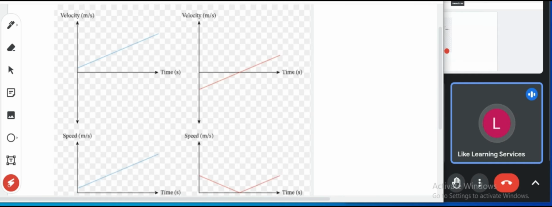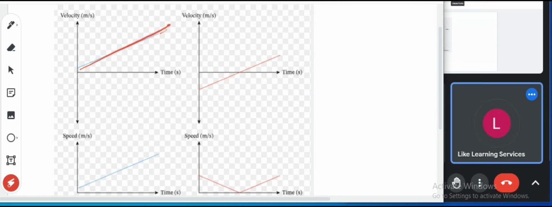I just need you to know how to change velocity against time graph to speed against time graph. Now, are you ready? In the forward direction, there's no change. Once it is in the forward direction, you don't have any change because this is velocity in the forward direction.